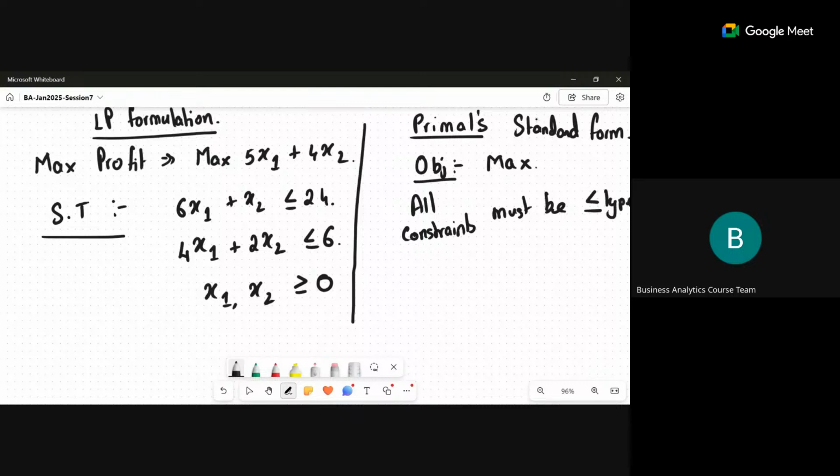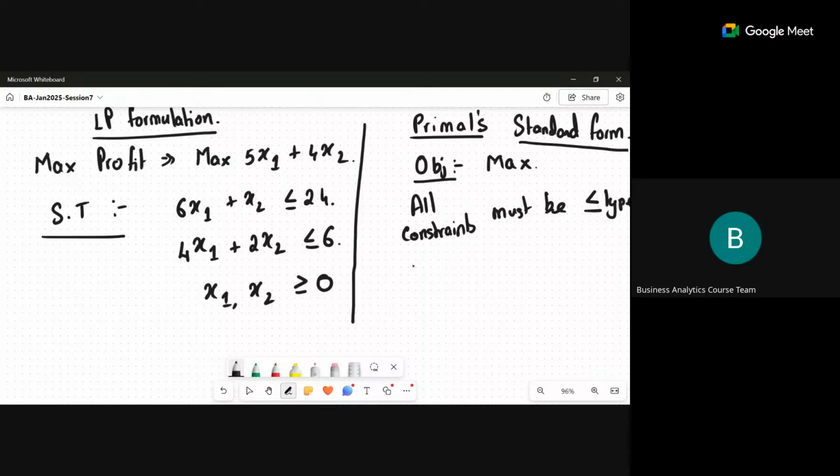So if you get the primal where the objective function is to maximize and all the constraints are of less than or equal to type, then such a formulation is known as the standard form of the primal.